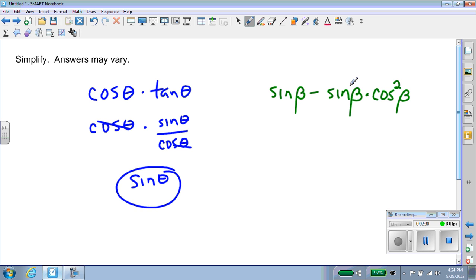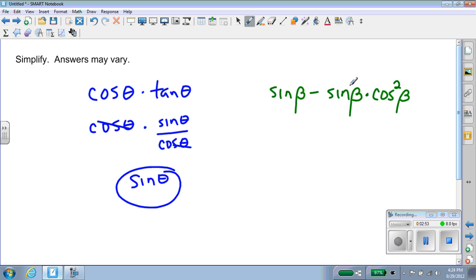Okay, so what am I going to do? I'm not seeing myself using a Pythagorean identity right out of the gate. I could replace with reciprocals, but that would make my life a little more complicated. So I'm going to pull a different option. I'm going to do some algebra first.